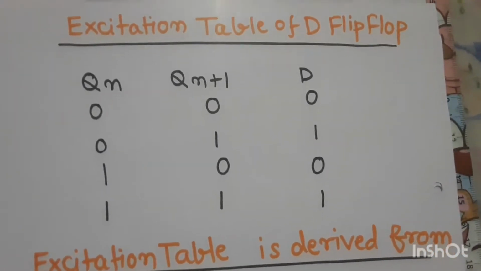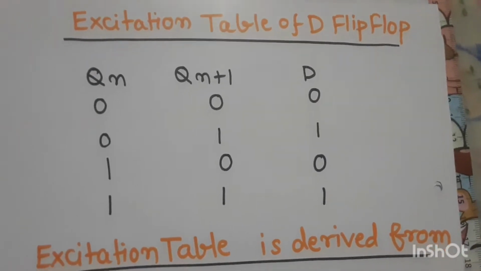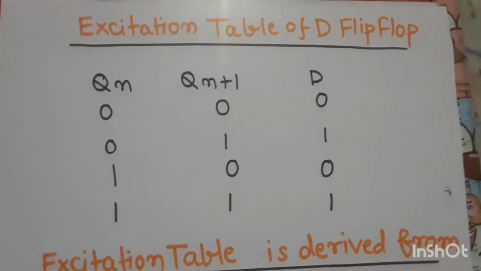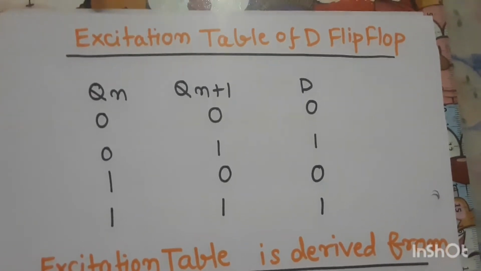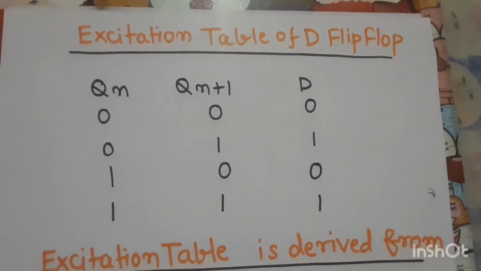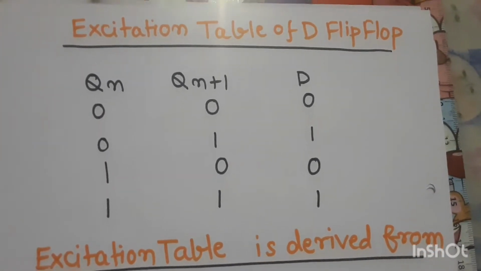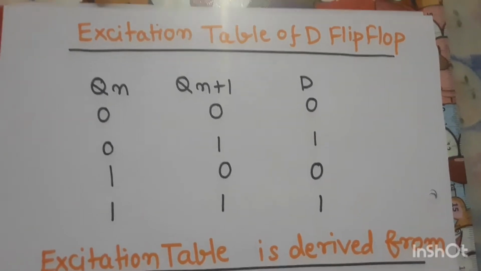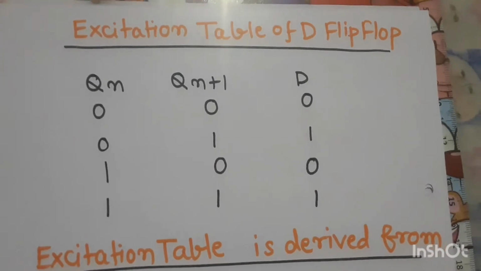What does it mean? When the input to the D flip-flop is 0 and the current value of the output of the flip-flop is 0, what would be the output of the D flip-flop at the next clock? It would be 0, so Qn plus 1 is 0.